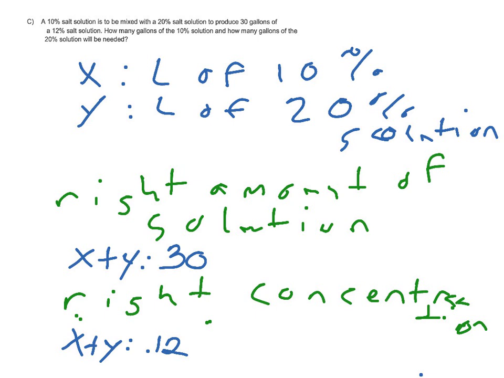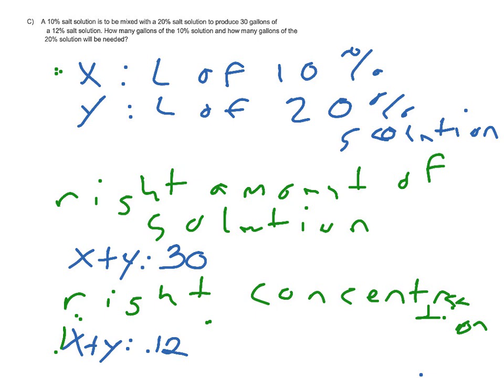Yeah, exactly. 10% of that 3 liters is 0.3. So the way you actually represent how much salt is coming in from your x liters of 10% solution is just by putting 0.1 in front of your x.